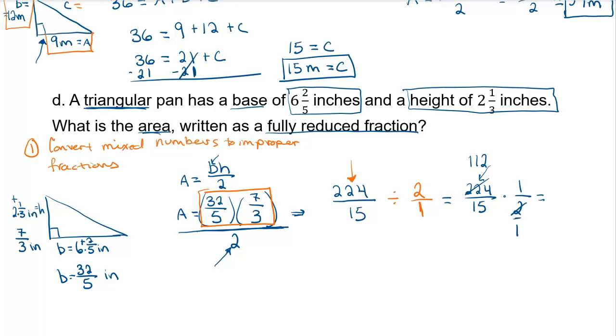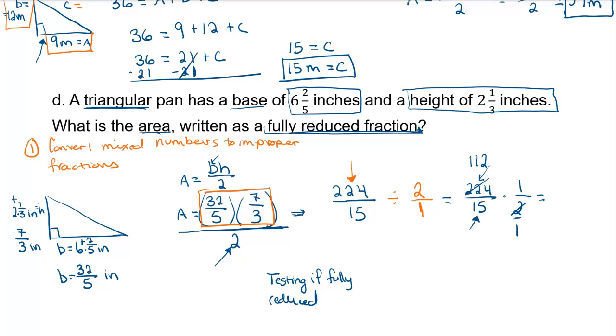So I'm going to put a little note that we are testing if fully reduced. I just want to show you a strategy that I use if I'm unsure whether something is fully reduced or not, because here, right, it says that it needs to be written as a fully reduced fraction. I am much more familiar with the factors of 15, right?